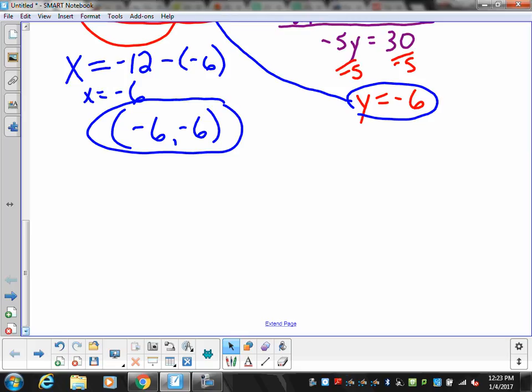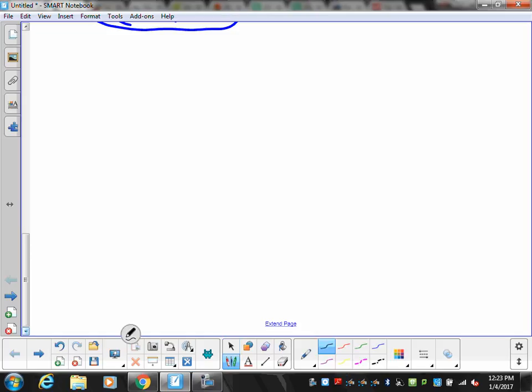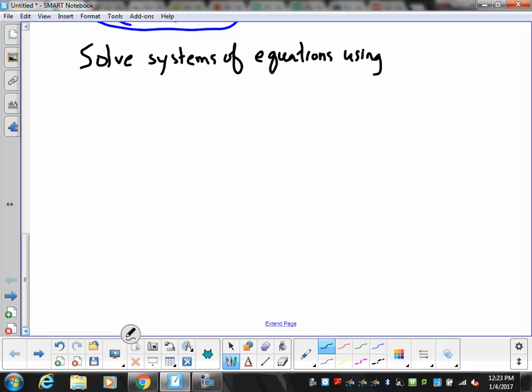All right, so the next piece is we're going to solve systems of equations using a process called elimination. And so somebody give me a definition that you think elimination could mean.